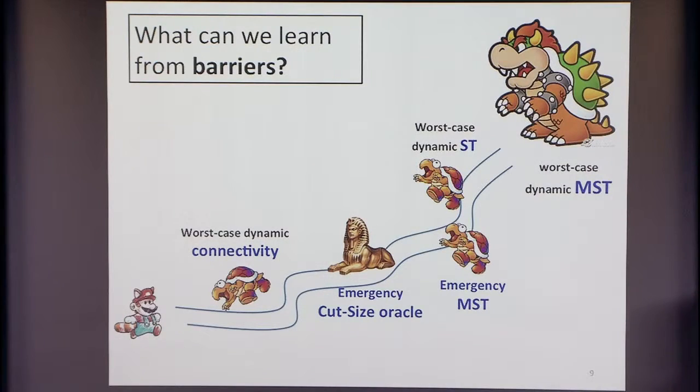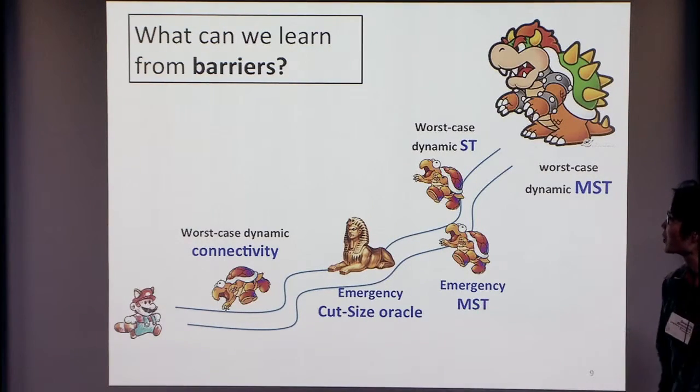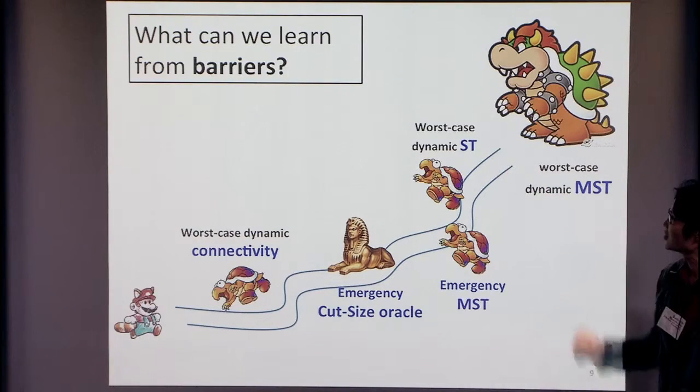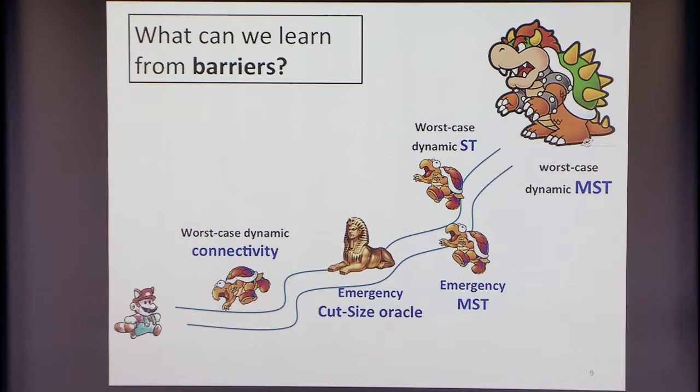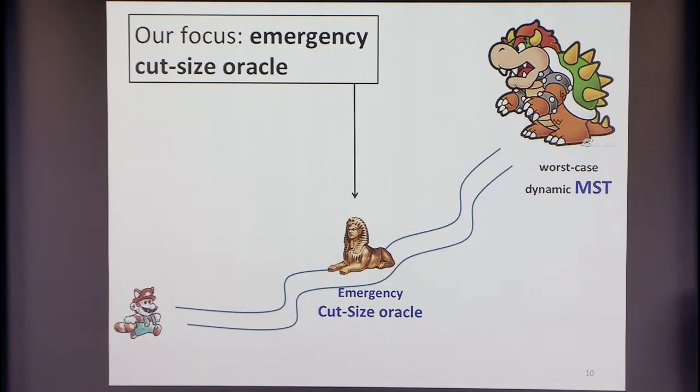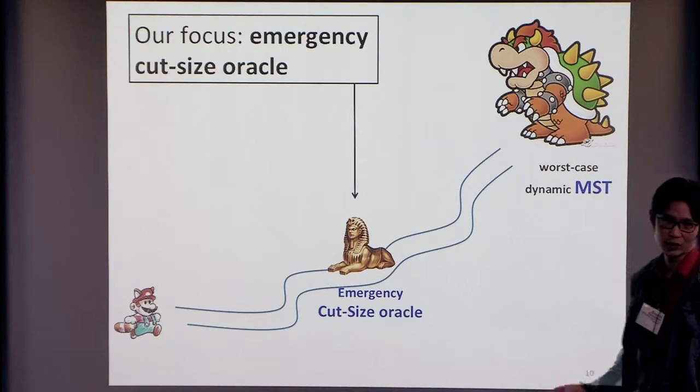Unfortunately, there are a lot of barriers before we can actually solve this problem. For example, worst case dynamic connectivity, worst case dynamic spanning tree, and so on. The main barrier that I will focus on in this talk is called emergency cut size oracle.